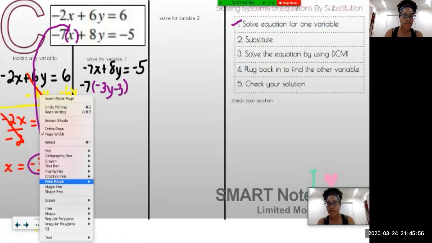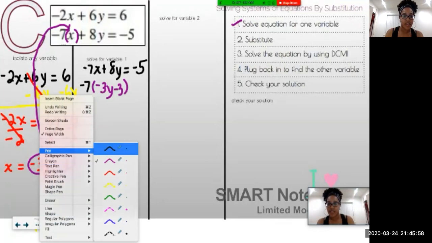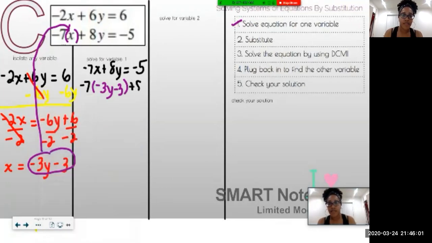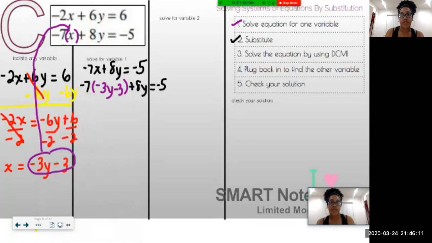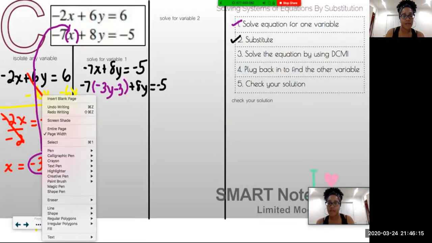And we know that plus 8y is going to give us negative 5. So we just substituted. So we're going to solve the equation by using GCMI.